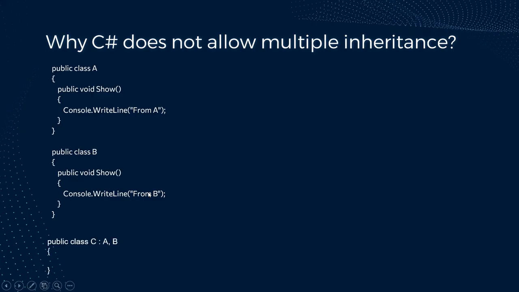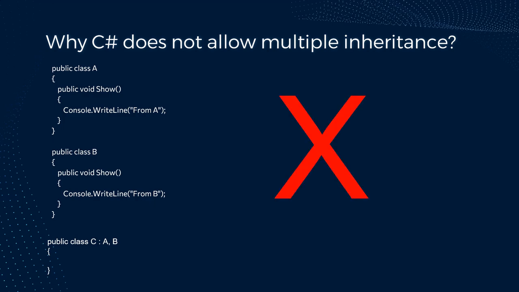So let's create one class, that is C, which is the child one, and try to inherit from A and B. So can you guess which Show method will C use? This is called method ambiguity, and because of this C# does not allow multiple inheritance.